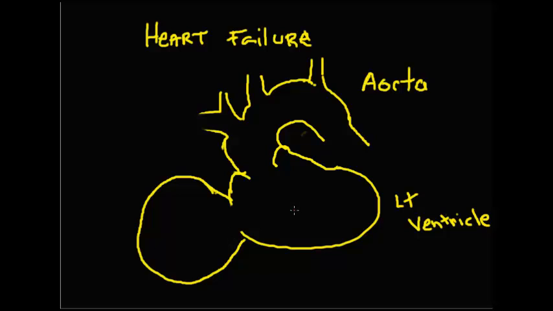So if we think about it, normally we want to have our blood flowing in this direction from the left ventricle into the aorta and into the main vessels that feed from the aorta, but in our case now our left ventricle is not pumping satisfactorily and the blood is going to back up, and it's going to back up into this structure we're going to call the left atrium. So I'll abbreviate that left, and that's atrium.